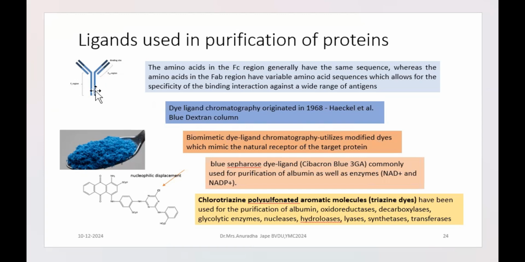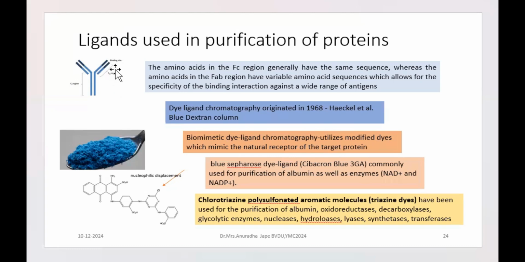Variable arm and constant arm, that is what we talk about. The amino acids in the Fc region generally have the same sequence, whereas in the variable arms, as the name suggests, the amino acid sequence keeps changing, and that gives the selectivity for binding with the antigen, right?